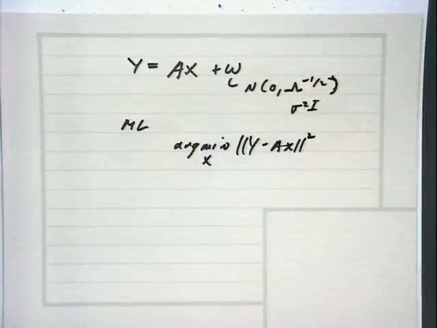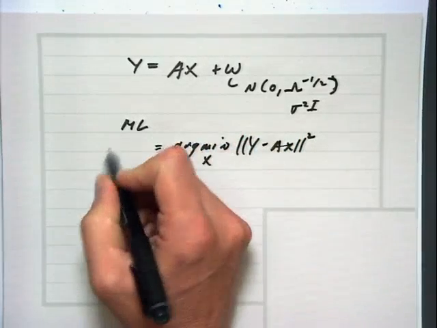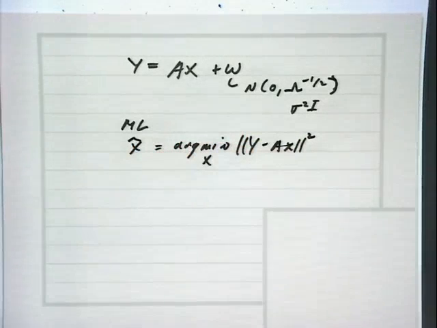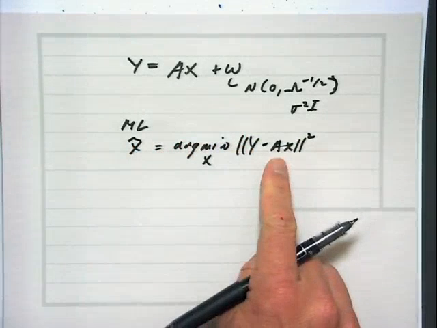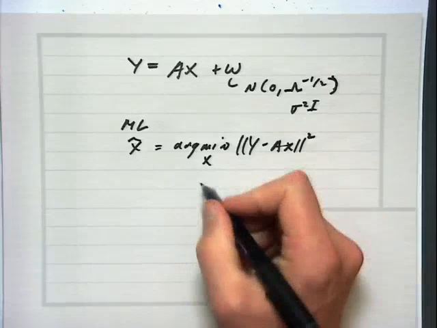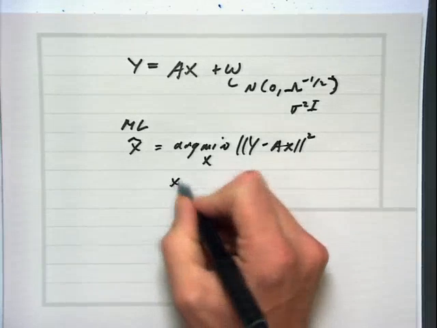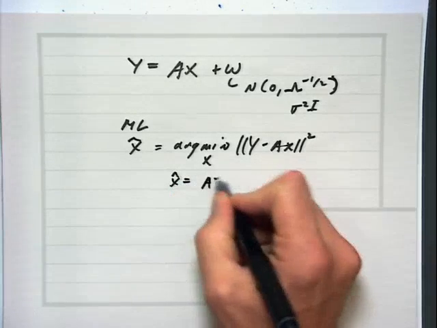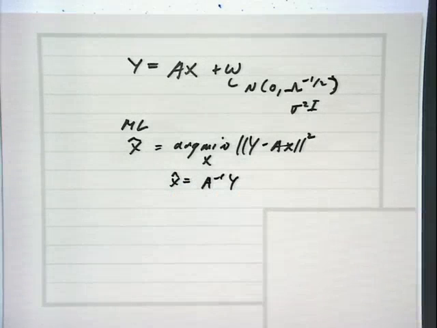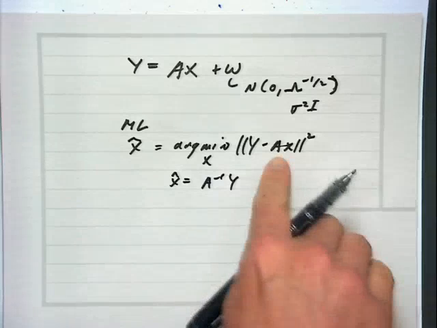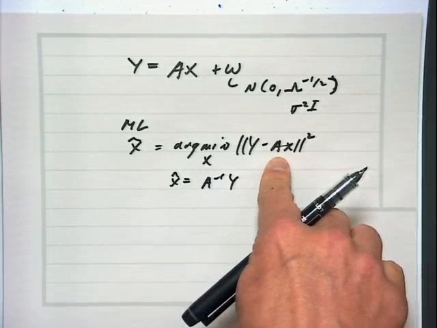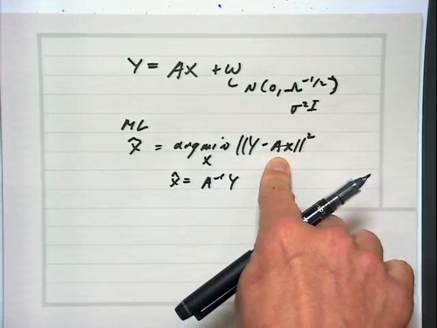Sometimes this is called the pseudo inverse. If A is invertible, then x hat would just equal A inverse y, or not. But it doesn't work very well in many applications. Now A also can be singular. It could be rank deficient.